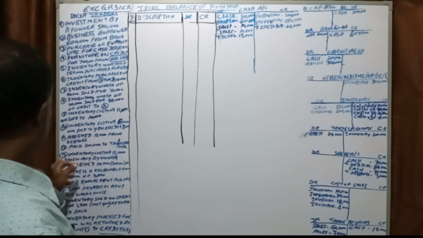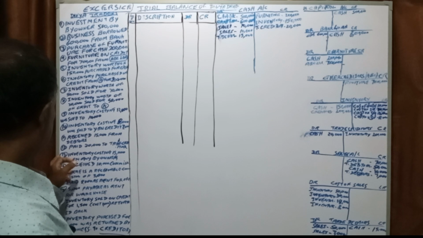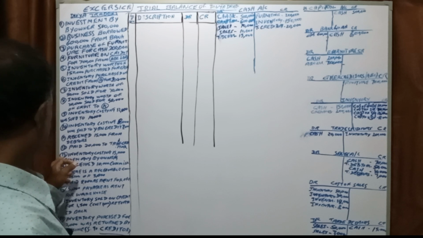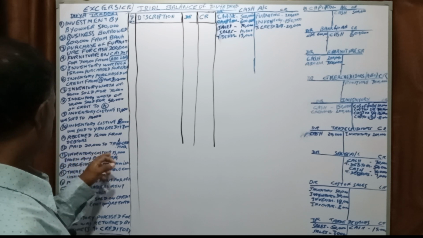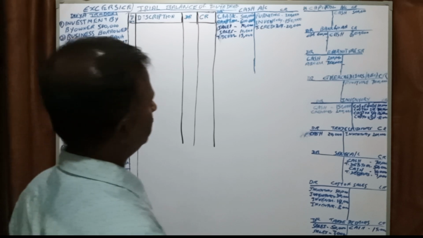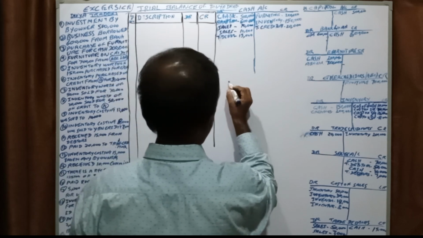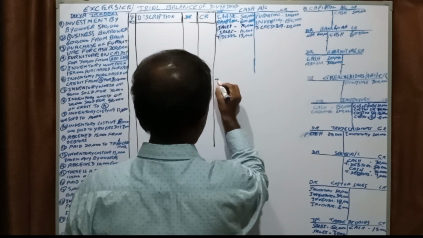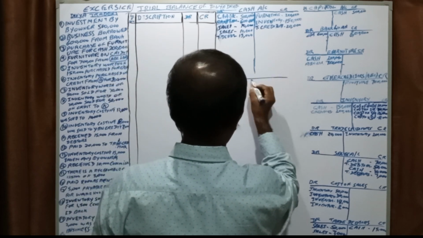Then the next adjustment was the 13th adjustment: inventory costing 15,000 taken away by the owner. We have to open a drawings account.